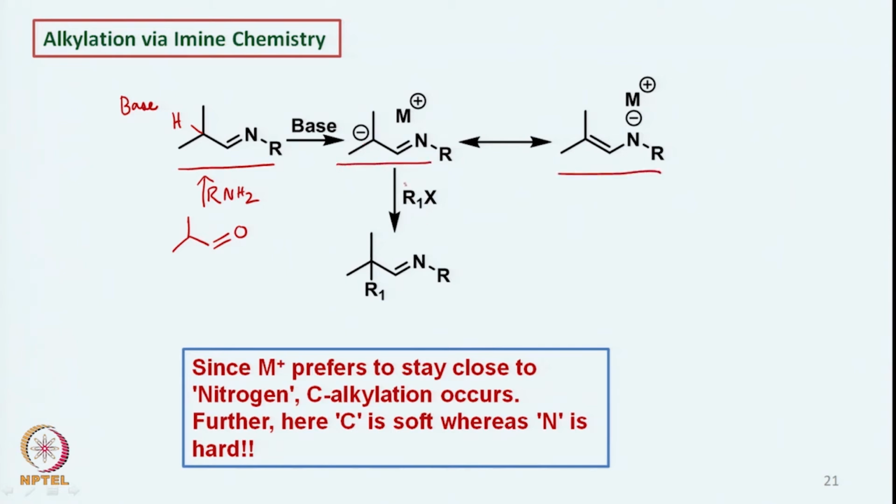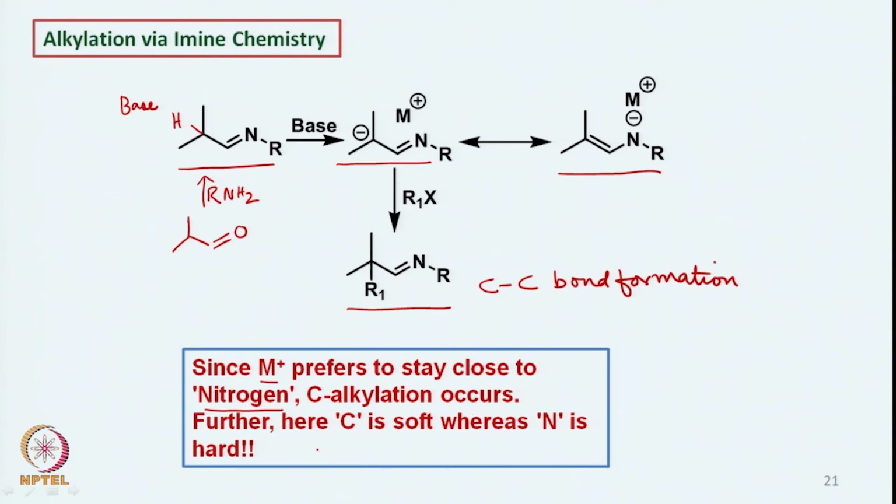And then when the reaction occurs at the carbon, we have a CC bond formation here. Now what happens is that we have a preference of the M plus to stay close to nitrogen, because nitrogen is more electronegative, and then the C alkylation occurs.